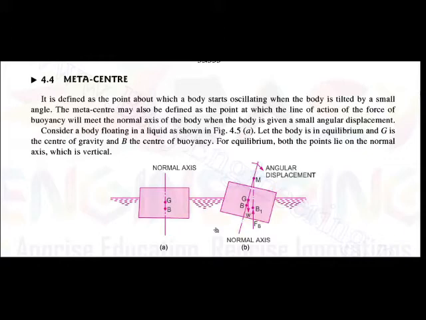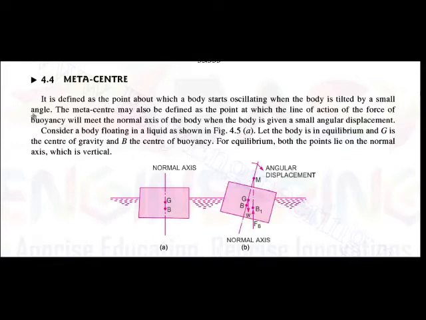In the second figure you can see this body is tilted by some amount due to the angular displacement. Here the point M indicates the metacenter. It is the intersection of this normal axis and also the line of action of the force of buoyancy.